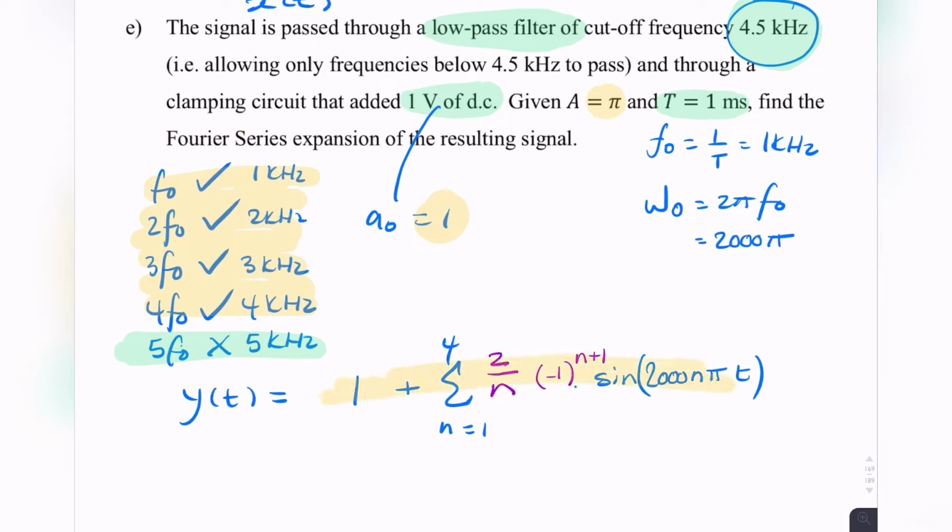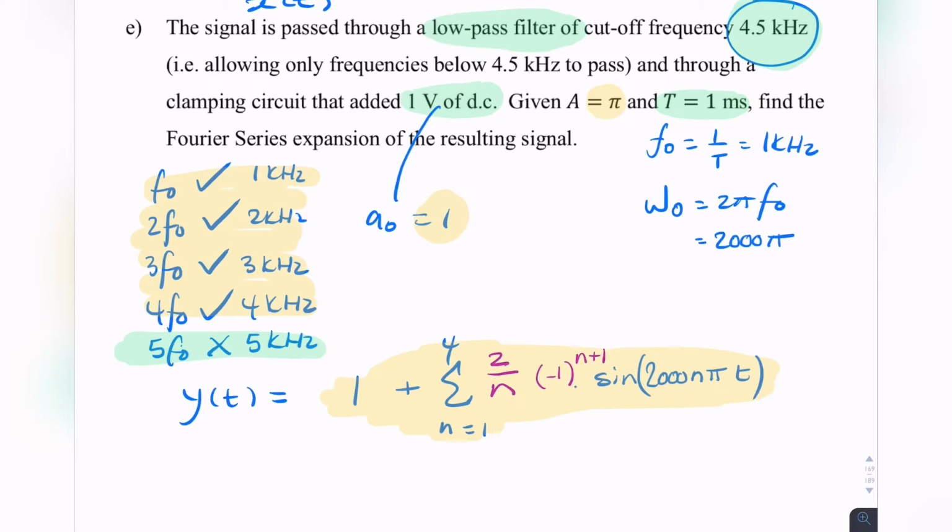So this is my resulting signal. It has a DC term of 1 volt. It has 4 components: fundamental, second harmonic, third harmonic, and fourth harmonic. All the higher harmonics are blocked.